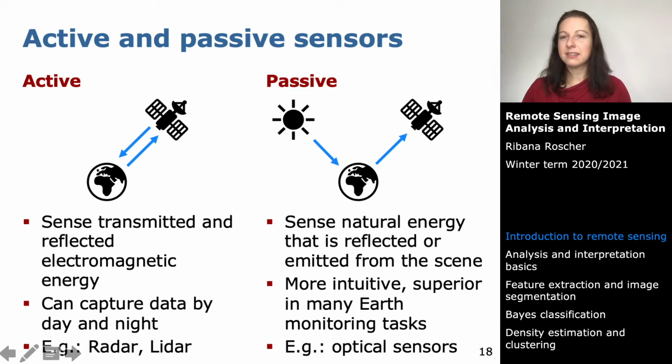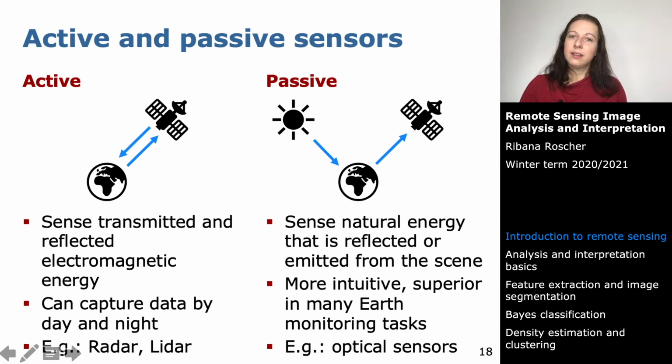It's sending out the signal, and then it's reflected on the ground, and then the satellite senses the reflected signal. The advantage of such active sensors is that images or data can be captured by day and night, which is quite important. And a good example for such sensors are radar sensors or LiDAR sensors.